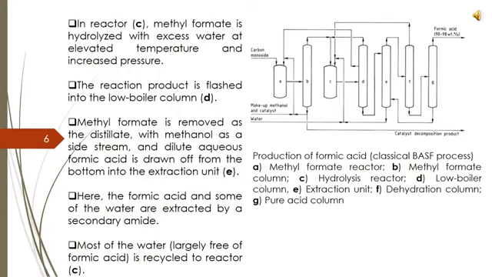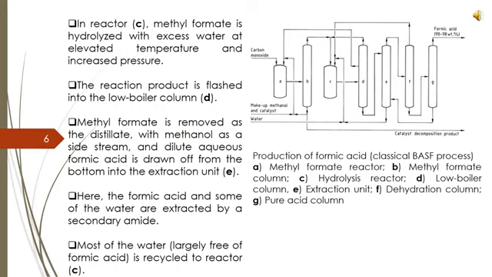Now what happens in reactor C? The methyl formate is hydrolyzed with excess of water at elevated temperature and increased pressure. This reaction goes on at high temperature and pressure, with excess of water.